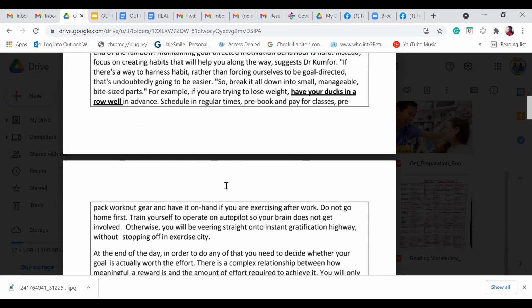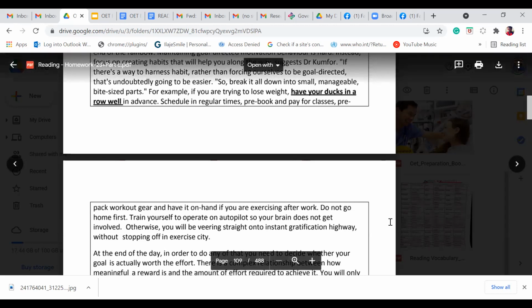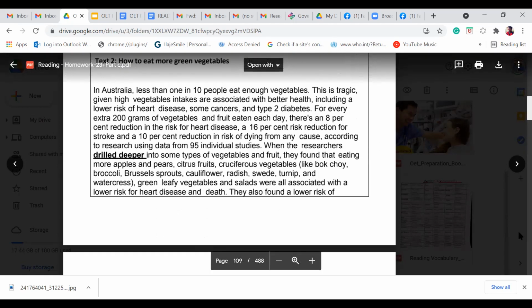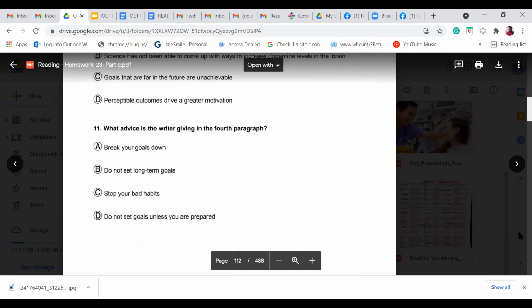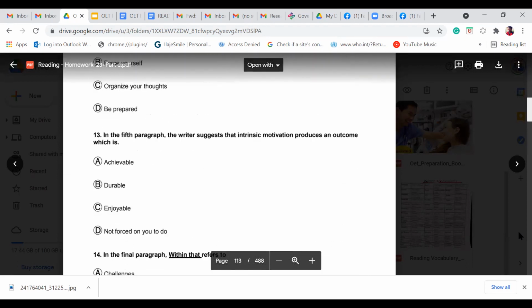Organize your thoughts? It wasn't even talking about thoughts here. So pay attention to those little clues. So the answer is be prepared. 12 is what? D. So if your answer is D, put it in the chat or comment section. If you have an alternative, put it there and tell me why.